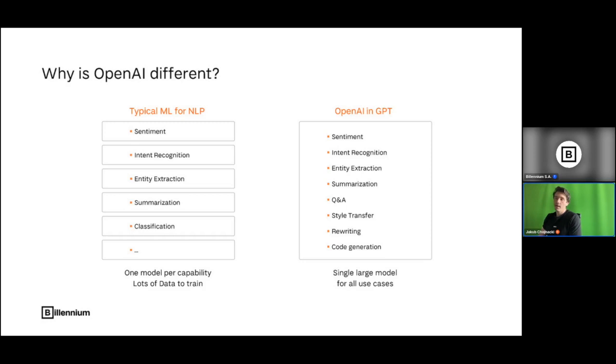We could have a dedicated model for sentiment recognition, a dedicated model for intent recognition, and so on and so forth. Our job was to connect those models together in some chain in order to make the system work. And the biggest issue with that type of models was the chaining part.